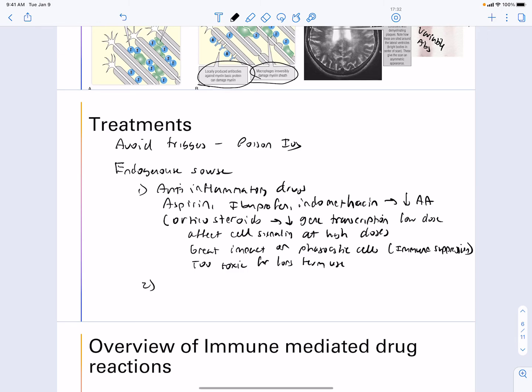And then we also have blocking of cytokines. And the targets are going to be IL-1, IL-6, TNF, and CD80.